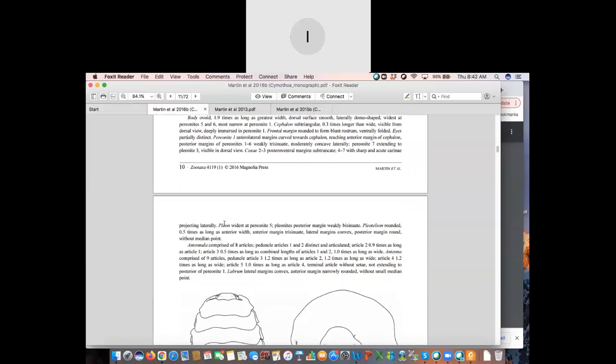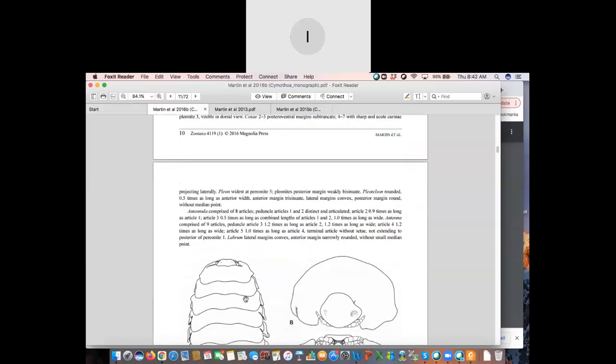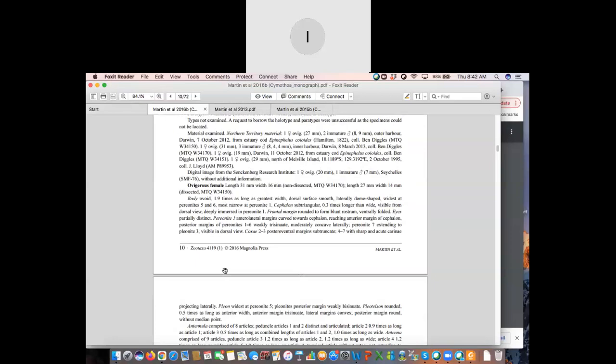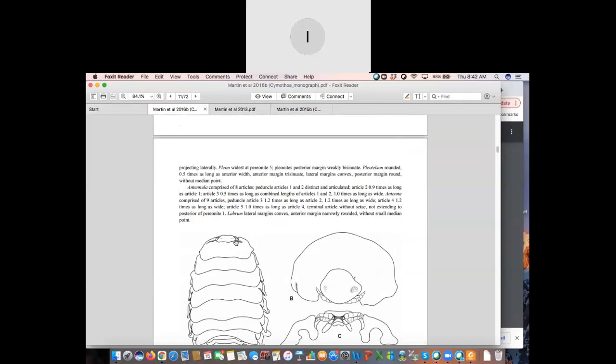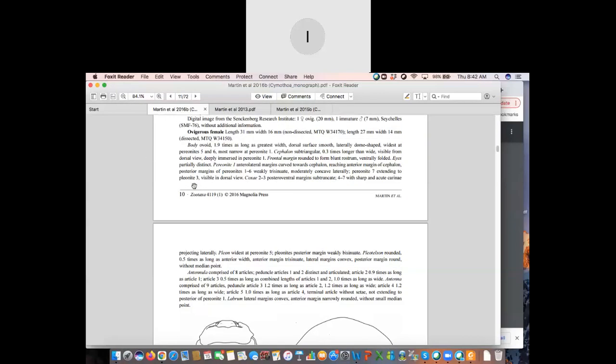So unless you are able to compare with the actual holotype or any type of the Cymatoa epimerica and compare your species with that, can you affirm whether it's the actual species or a totally different species? So this is where CF sometimes comes in.